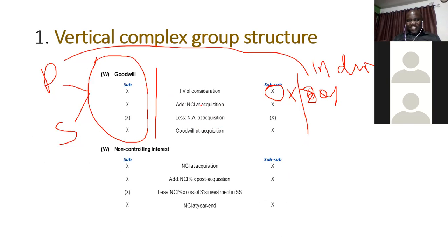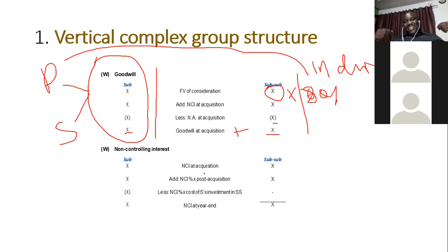Here, this is where you're going to have the NCI at acquisition, which you'll be given in the question, the net assets at acquisition, which you'll be given in the question, and you have your goodwill, and you add the two. Tomorrow I'll be demonstrating, and we'll have two examples. On the non-controlling interest, this is where it is interesting. There will be a few adjustments that have to be made.